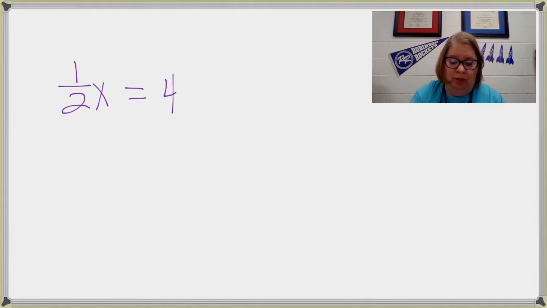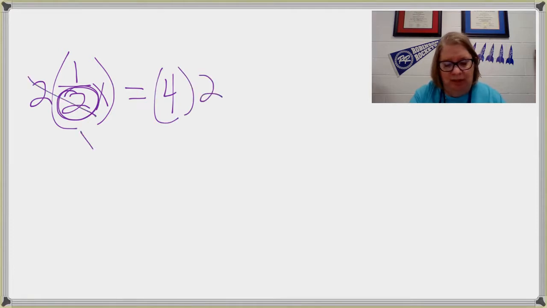Do you remember we solved some problems where we'd have like 1/2 x equals 4? And when we try to divide, that looks crazy because it says 4 divided by 1/2. We talked about that dividing by 1/2 is the same as multiplying by 2. We multiply by this denominator, right?